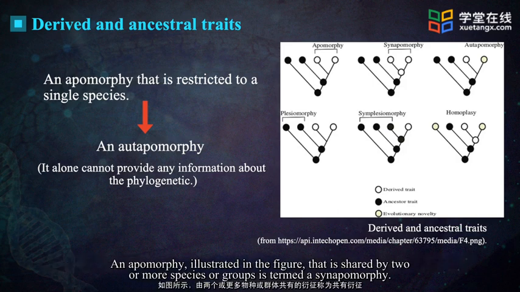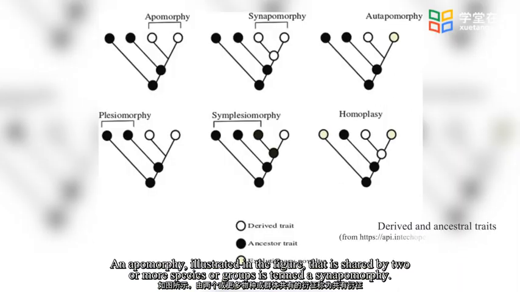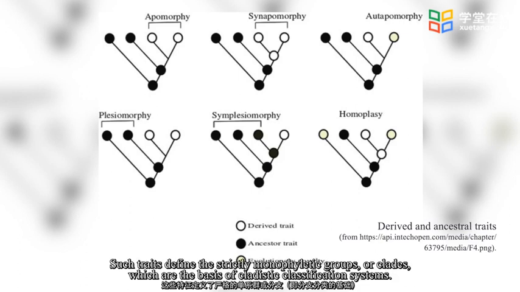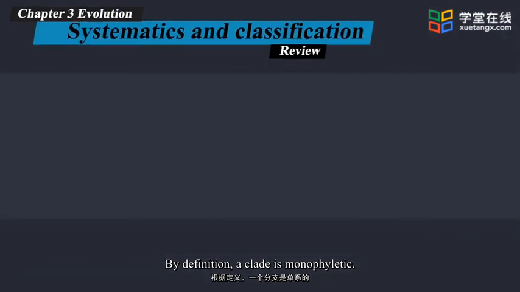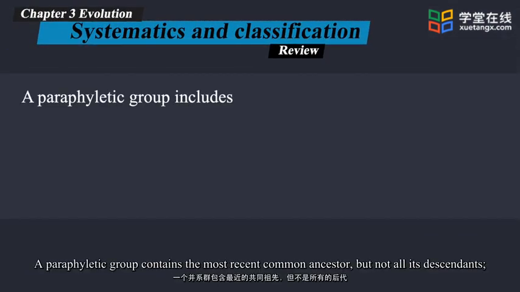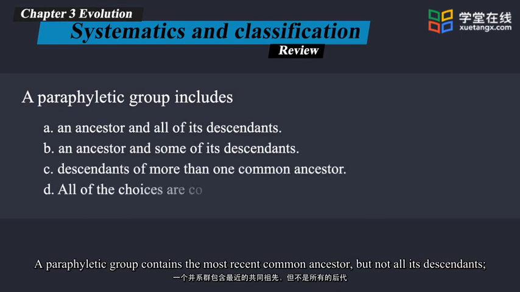An apomorphy, illustrated in the figure, that is shared by two or more species or groups, is termed a synapomorphy. Such traits define strictly monophyletic groups or clades, which are the basis of cladistic classification systems. By definition, a clade is monophyletic. A paraphyletic group contains the most recent common ancestor, but not all its descendants.